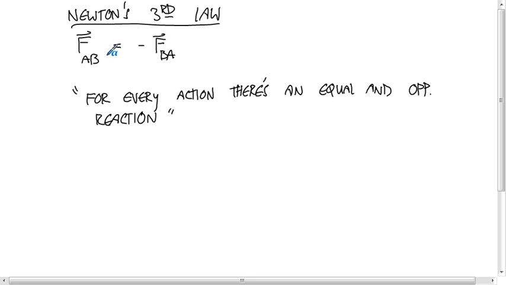So if the force on body 15 by the ground is equal to 147, say, that's what we got in the last example, then the force on the ground by the 15 kilogram cart is positive 147. Okay, it's equal and opposite.